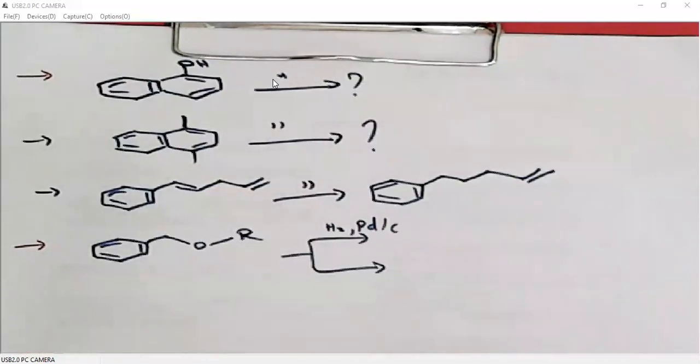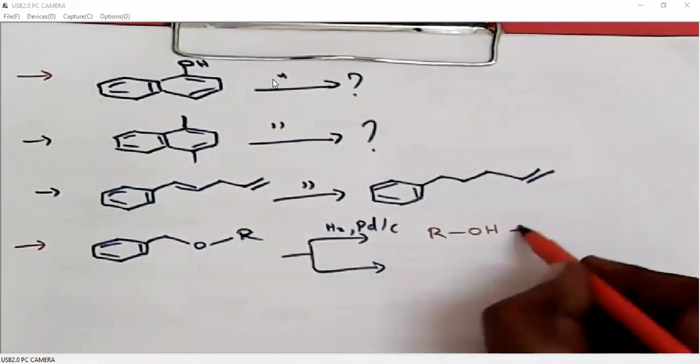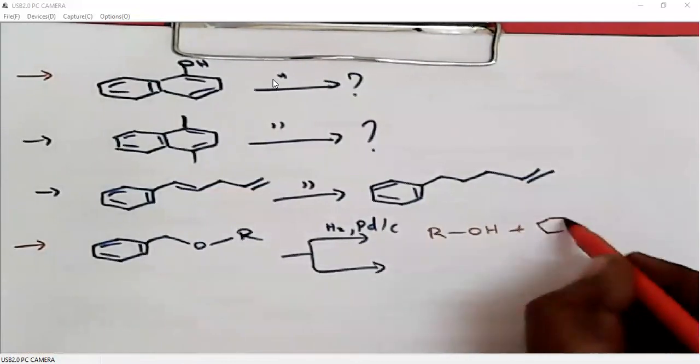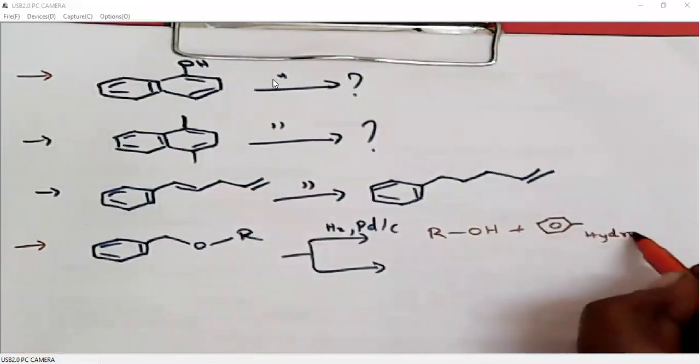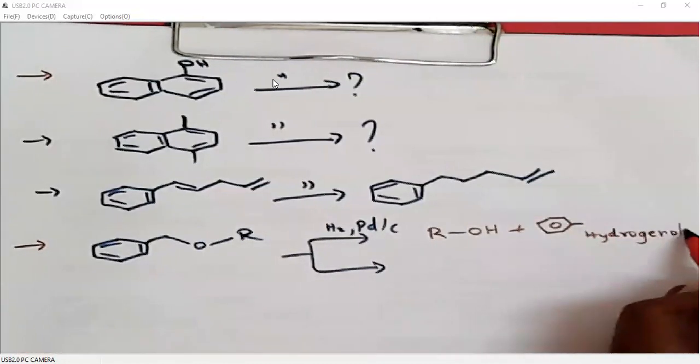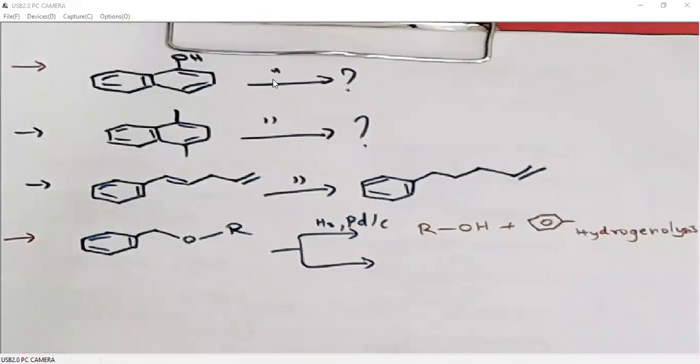So that is hydrogenolysis. Hydrogenolysis is the addition of hydrogen by breaking a sigma bond.